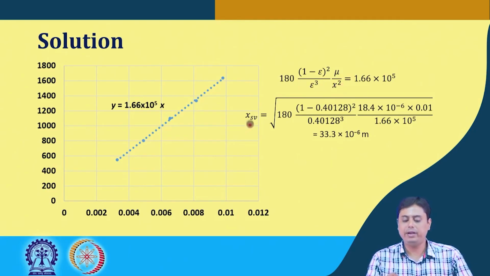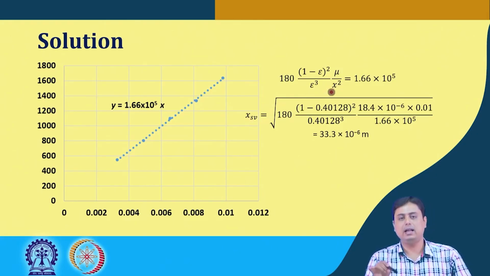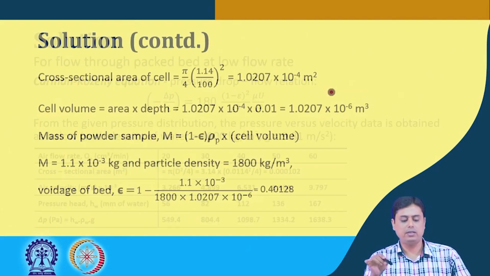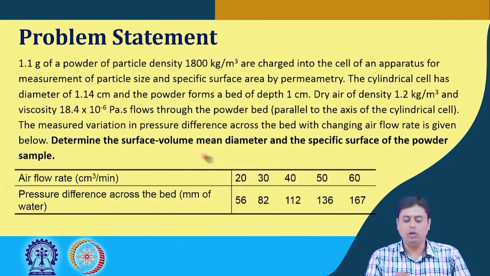Now, why have I written x SV here? Because this x is nothing but the surface volume mean diameter that relates the surface area that is available for the flow of that fluid in that powdery stack of the material. So, here directly we get the diameter.